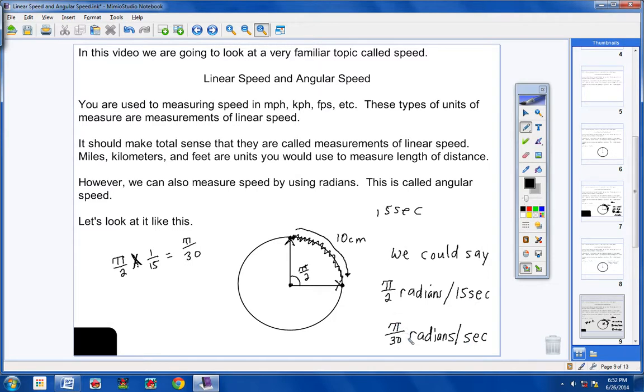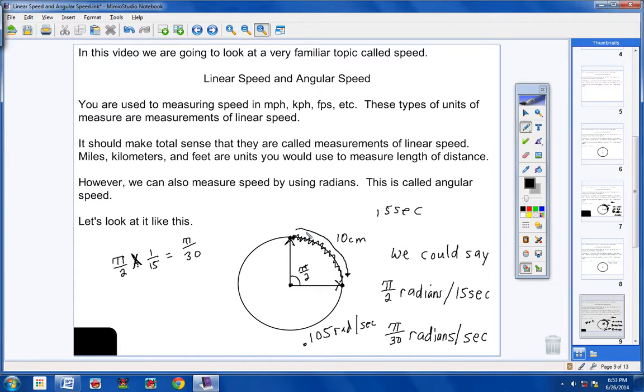Now, if you want to turn that into a decimal, that's fine. 3.14 divided by 30 would be 0.105. So you could also say 0.105 radians per second. And that's called angular speed.